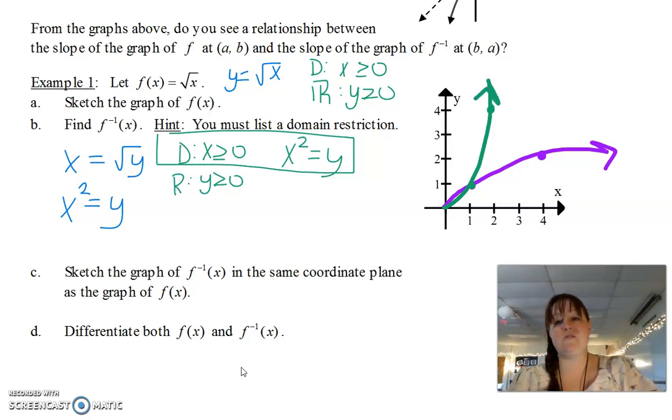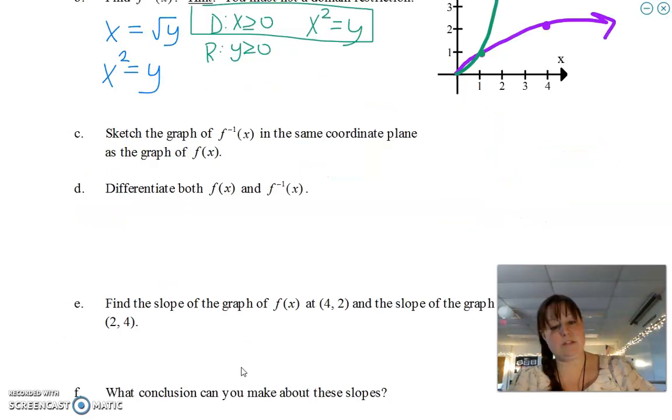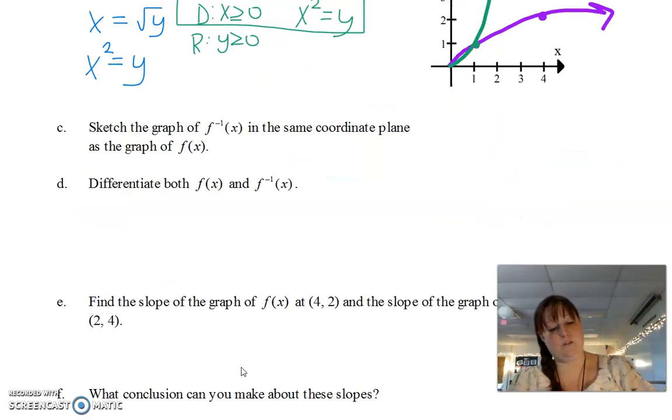Okay, so they're inverse functions of each other. Now what we have to do is differentiate both of these functions. Let's do f of x first. f of x was y equals the square root of x, so y prime would be 1/2 x to the negative 1/2.